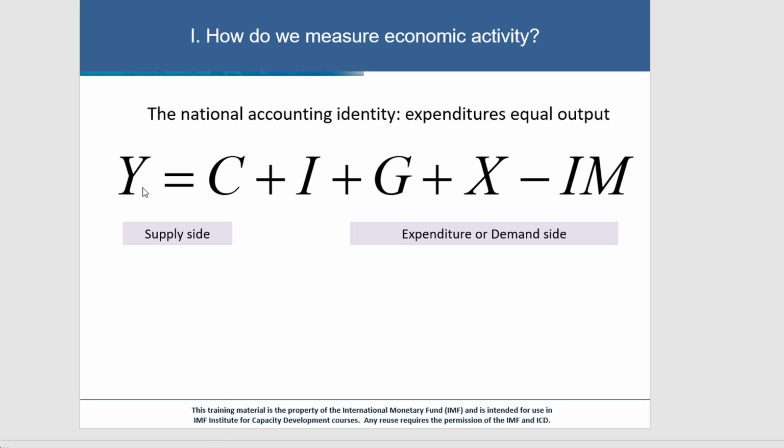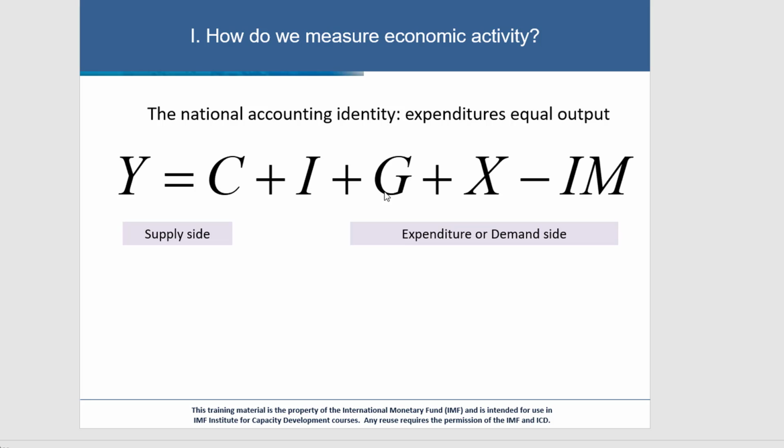So, just to remind you that the total of what we produce in equilibrium must equal the total of all expenditures. That includes expenditures by households. We call that consumption, household consumer expenditures. Then I is investment expenditures largely by firms. We can also include residential by households, but for the most part, this is firms.